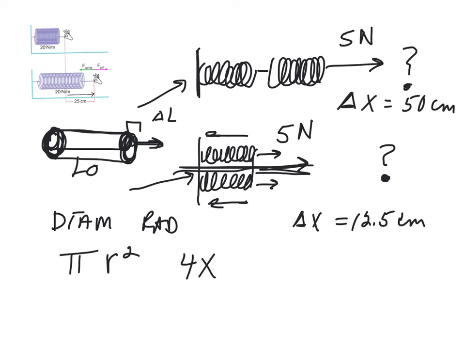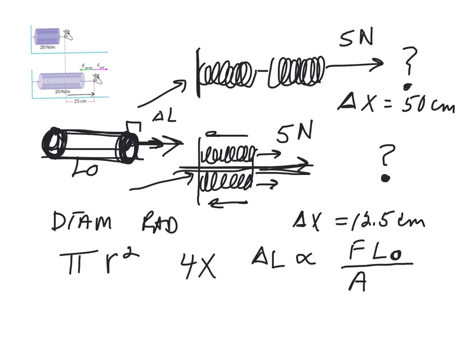And so the amount that our wire, or rod, or whatever it is, is going to stretch, the delta L that we get, is going to be proportional to the force we apply, right? Double the force, double the stretch. It's going to be proportional to the length of the wire, double the length, double the stretch, and inversely proportional to the number of springs, or the cross-sectional area of the thing we're stretching.